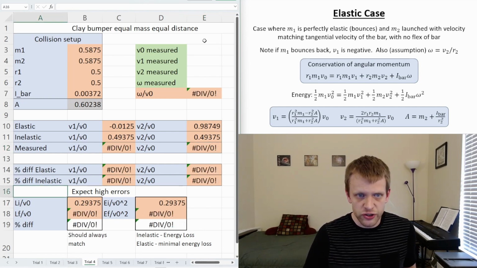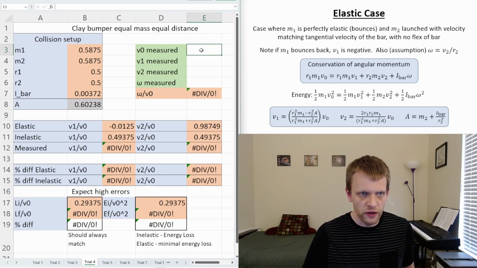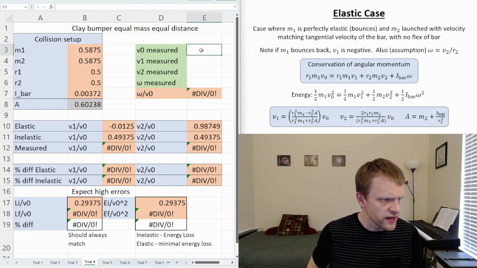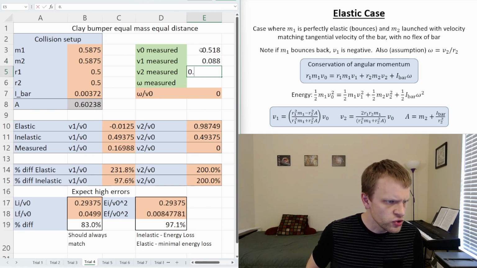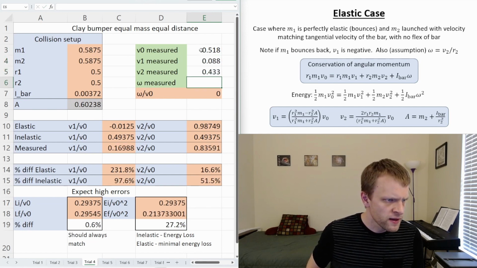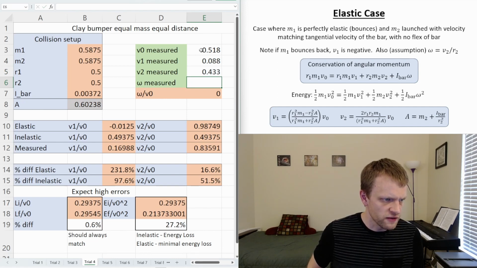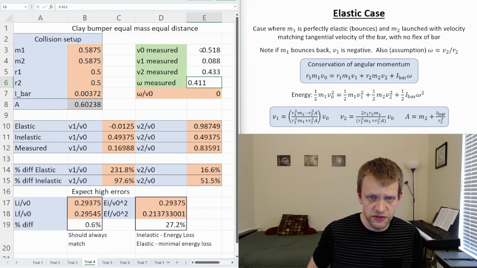But let's also look at trial number 4. Trial 4 was also using the clay, and the initial velocity for trial 4 was 0.518. Final velocity for cart 1 was 0.088. For cart 2 it's 0.433. And the angular velocity of the bar that I measured was 0.477.